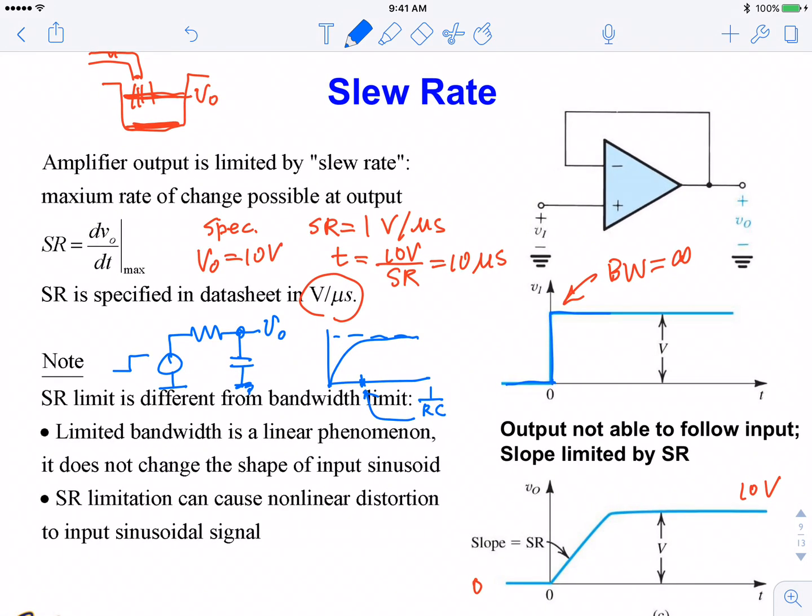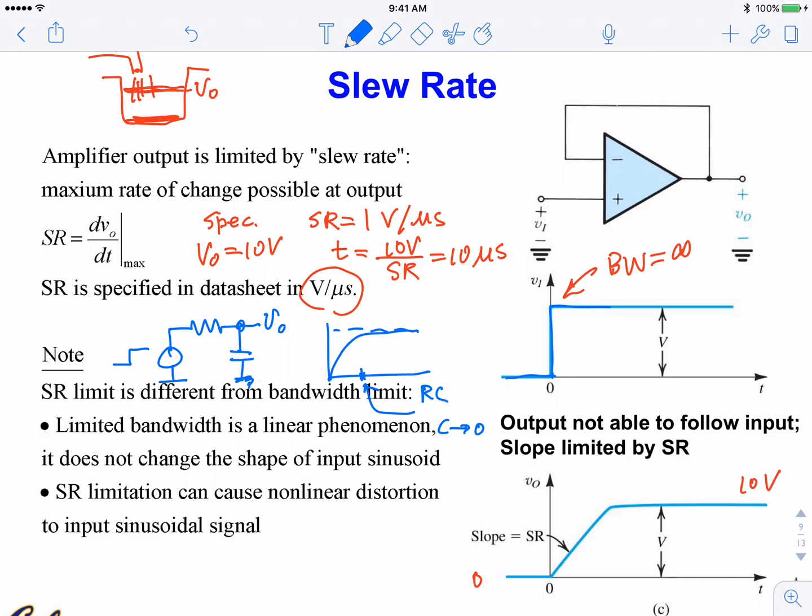And if you have a faster circuit, you have smaller capacitance. So if you imagine your capacitance goes to 0, then your RC, sorry, this is RC time, not 1 over RC. So if your capacitance goes to 0, then you go up faster and faster.